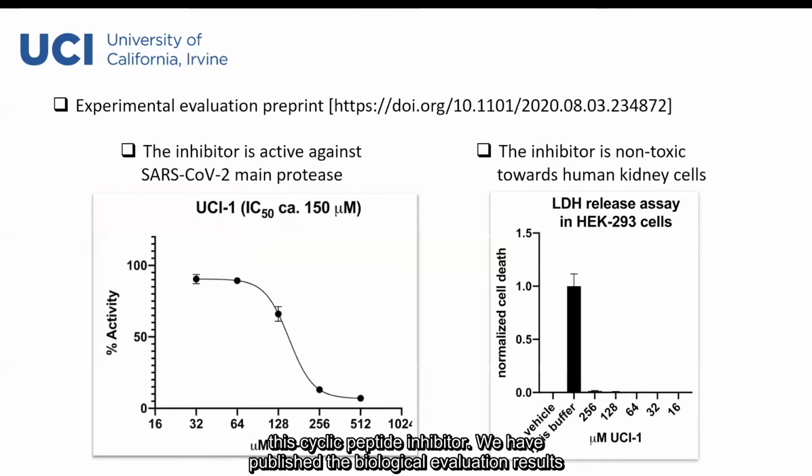We have published the biological evaluation results as a preprint and proved that this cyclic peptide inhibitor is able to inhibit the SARS-CoV-2 Mpro activities, resist the cleavage by Mpro, and is non-toxic towards human kidney cells.